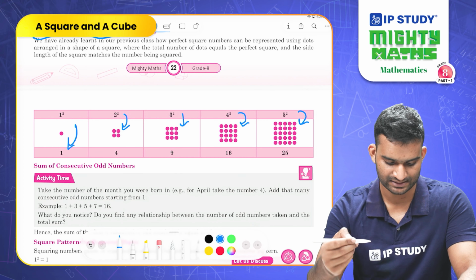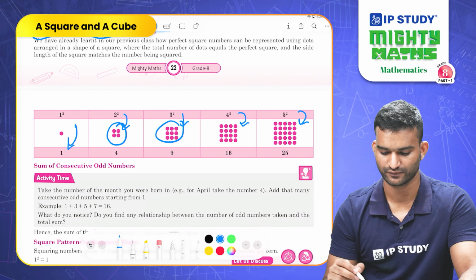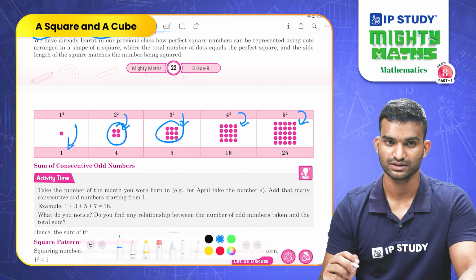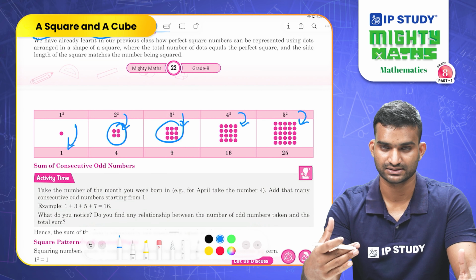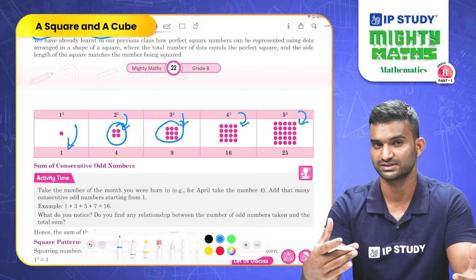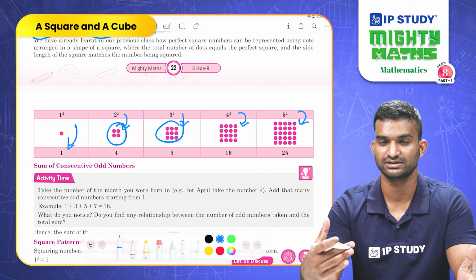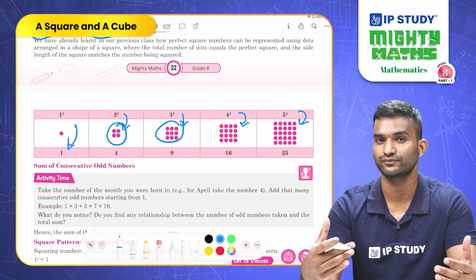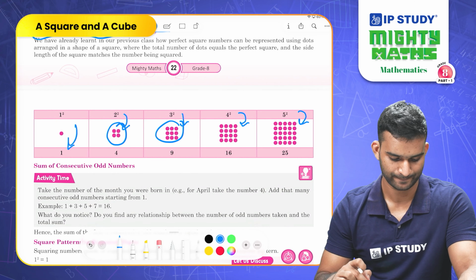We can see all these dots form a special shape which is a square. So the visual representation shows that a number can be represented in the form of a square of dots where each side represents the number for which the square number is being represented.